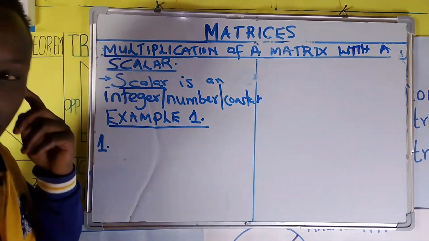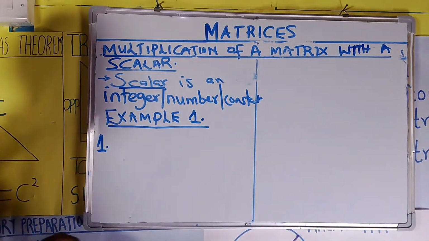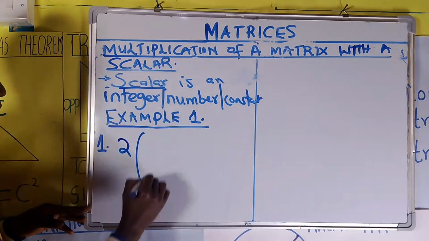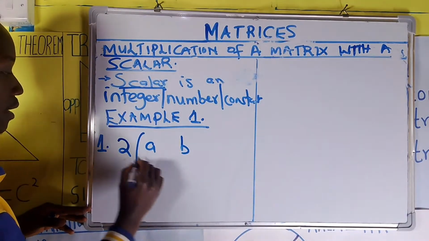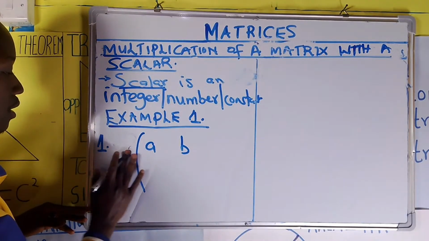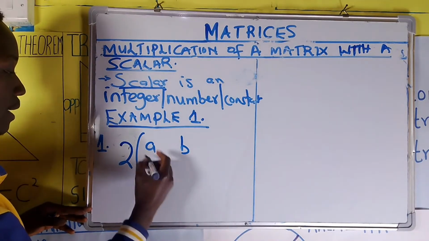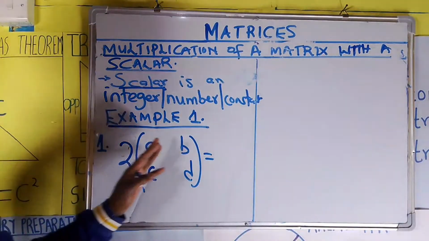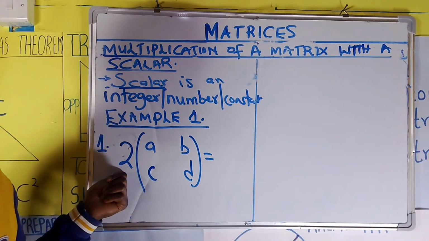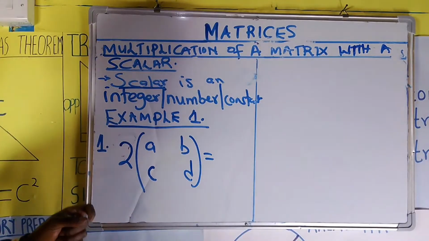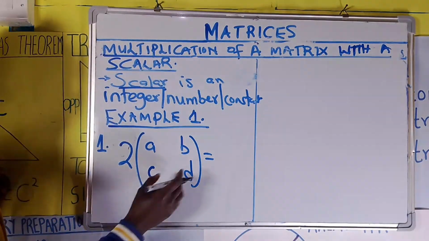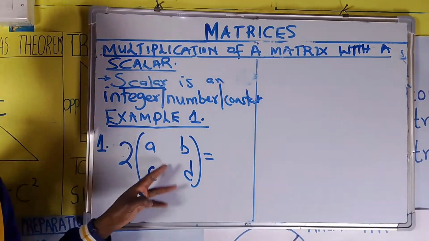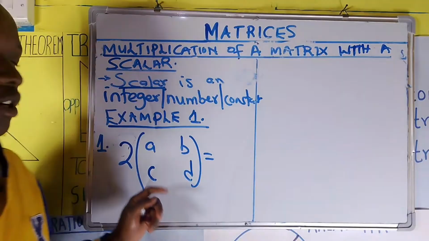If we have 2 as our scalar, then we are multiplying by matrix A. Niandike vizuri. 2 multiplied by A, B, C, D. Our 2 is the scalar, or our constant, or our number. So for us to multiply this, we multiply all the elements of the matrix in our bracket by 2.